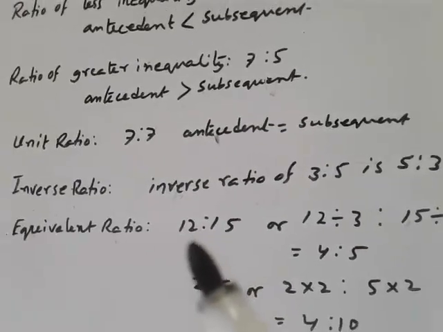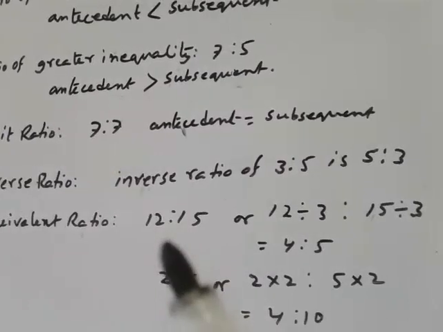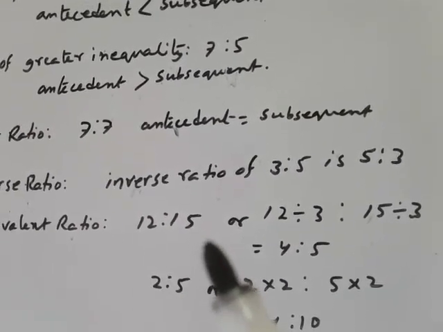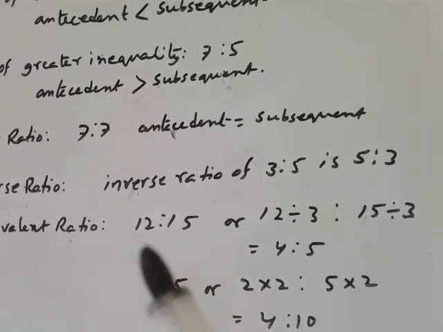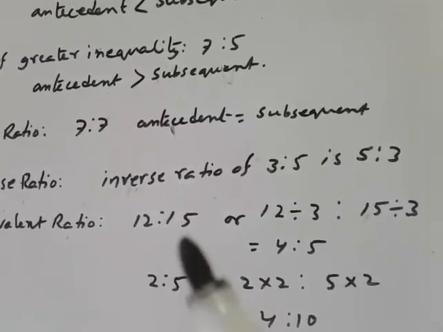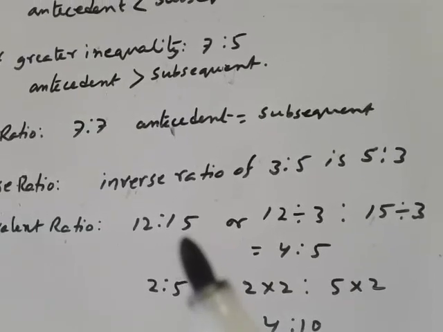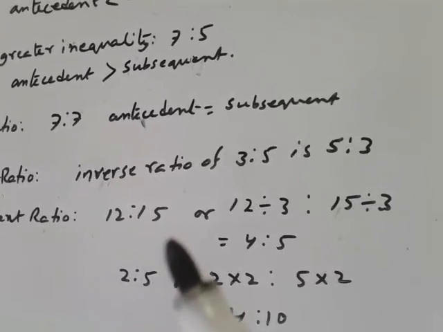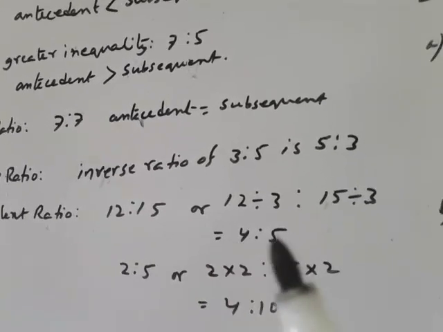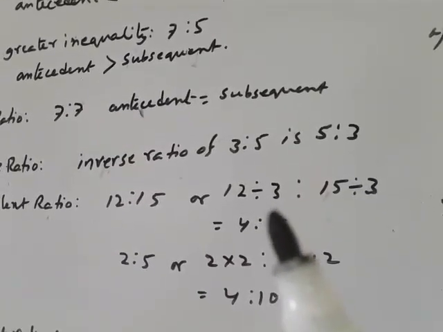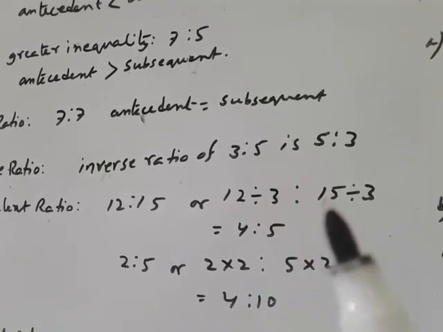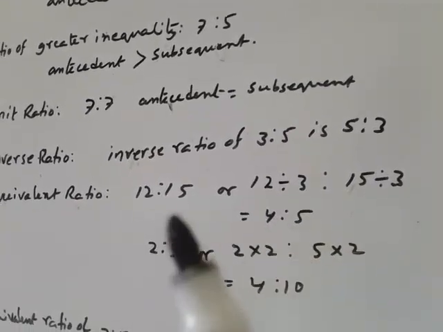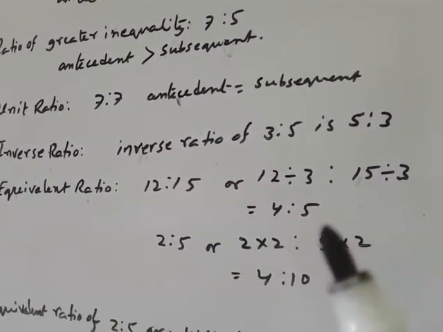To make an equivalent ratio, we can multiply 12 by 2 and 15 also by 2, or we can divide 12 by 3 and 15 also by 3. Here 12 divided by 3, we get 4, and 15 divided by 3, we get 5. Then the equivalent ratio of 12:15 is 4:5.